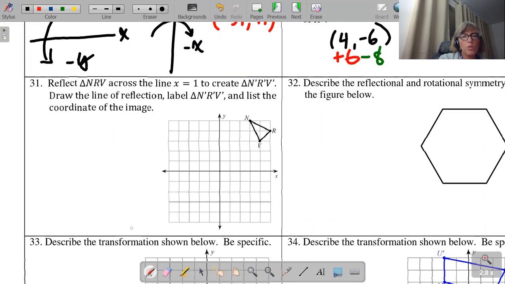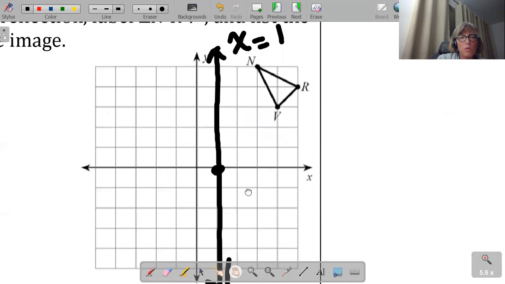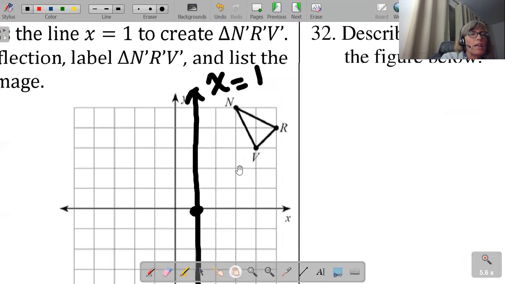We are going to take this and we're going to reflect it across x equals 1. So x equals 1 is this line right here. This one, it's just easier to reflect this physically. So 2 units to the right, 2 units to the left.